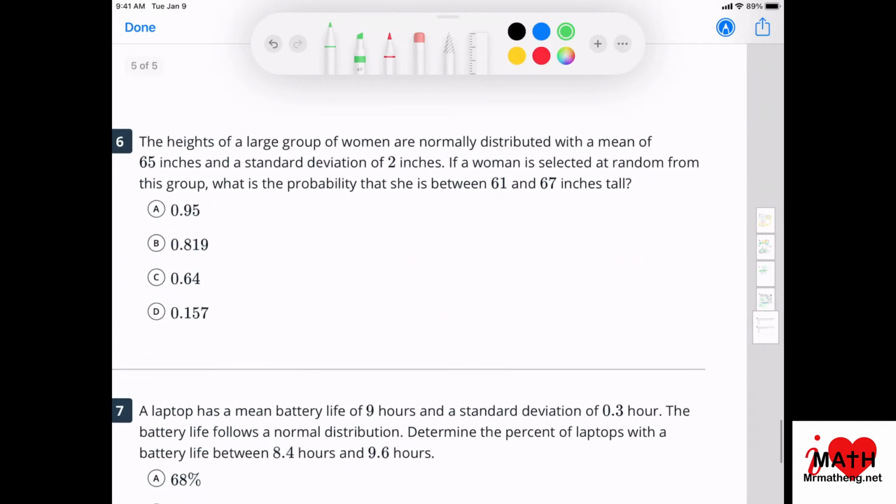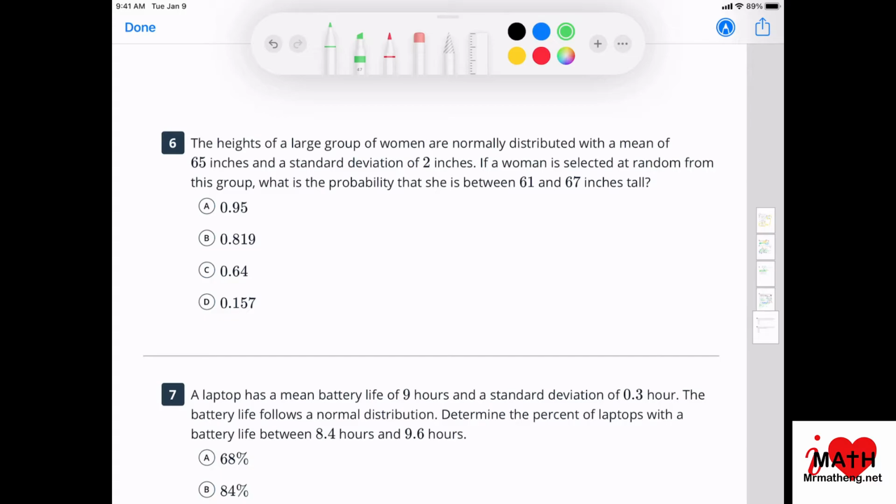Number 6. The heights of a large group of women are normally distributed. Normally distributed basically means you just draw the normal curve, the distribution curve, the ghost, with a mean of 65, so this mean here means it's the center.